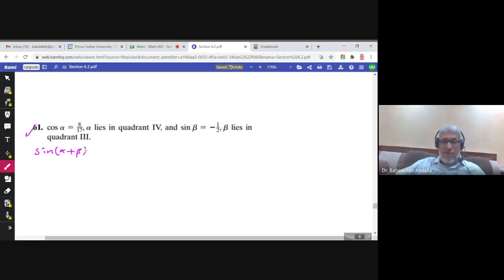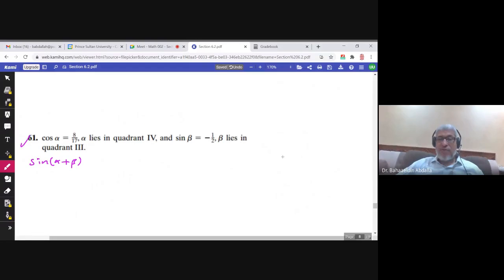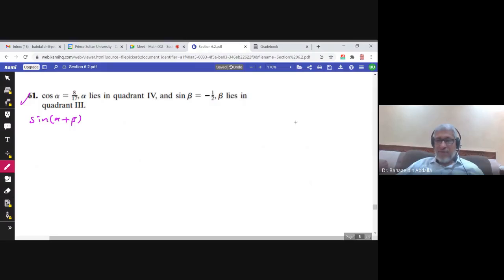All right. To find sine of alpha plus beta, I have to sketch a graph for alpha and a graph for beta first. But please pay attention. Where is alpha? Alpha is in the fourth quadrant. So this is the angle alpha, this is alpha prime, and this is the triangle of alpha. What do we know?